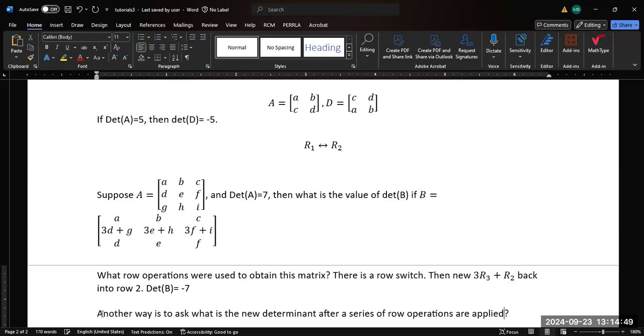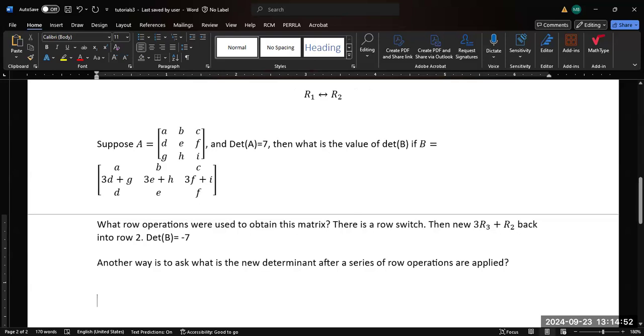And so they might give you, for instance, again, you know the value of your original determinant, and then they give you a set of row operations. And so you don't necessarily have to know what the values of the original entries are. You just have to know, is this a row operation that is going to change the value of the determinant? So are there some row switches? Are there some row operations like these where, which row am I putting it back into? And therefore, how is that altering the value of my determinant? Those are the kinds of things you just keep track of.